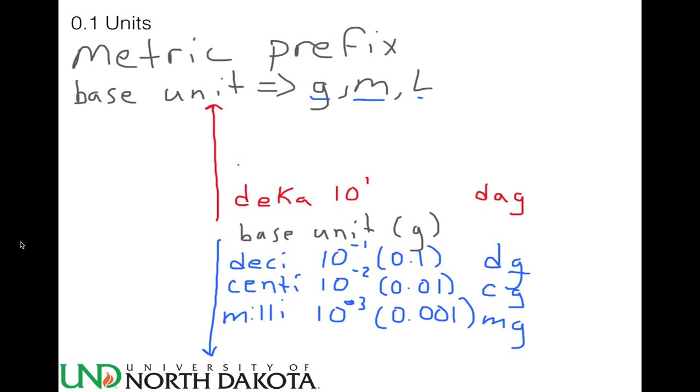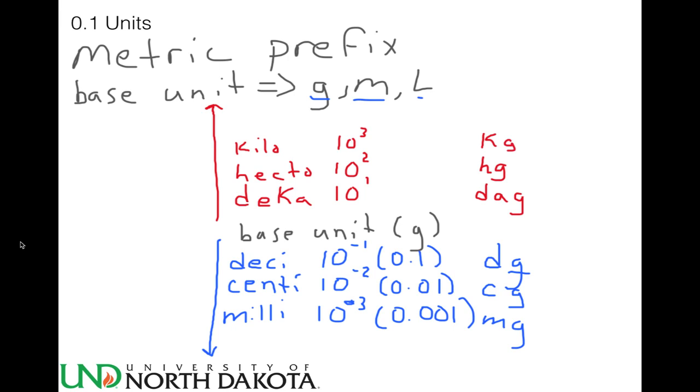You can have hecto, which is multiplying your base unit by a factor of 10 squared, or 100, and this is abbreviated as just lowercase h, and then for a hectogram you would say hg. You can have kilo, which is multiplying your base unit by a factor of 10 to the third power, or 1,000. And so a kilogram, which is the fundamental SI unit, is lowercase k, lowercase g.